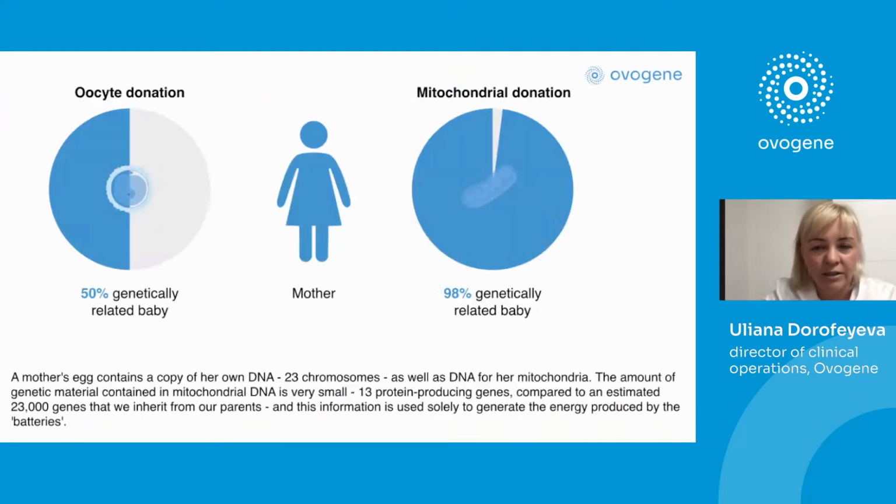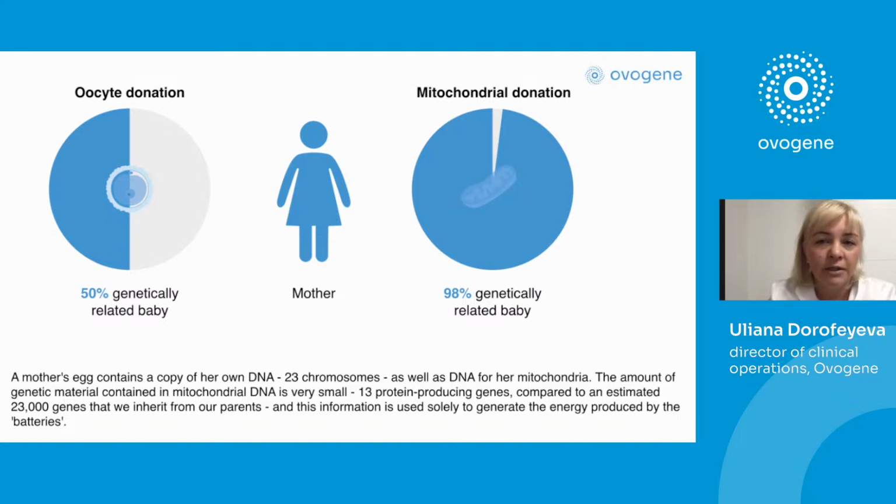And if we are talking about oocyte donation as the only treatment for advanced maternal age patients, the difference in terms of the genetic relations of the baby is that while using regular oocyte donation, the baby is receiving 50% of the genetic material from the father, and there is no genetic material from the mother.